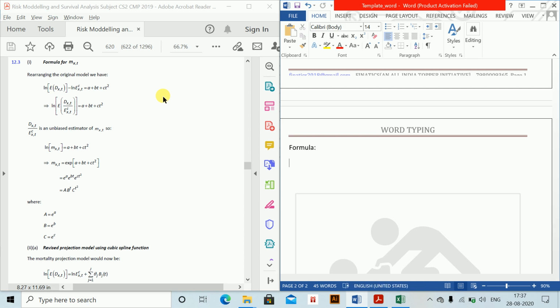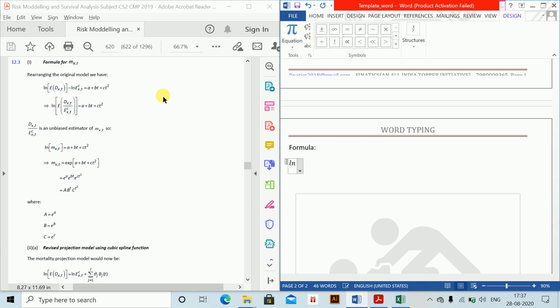Rearranging the original model, I'll do this because it contains mathematical typing which will help you. ln of E d(x,t) equals minus ln e to the power c(x,t), plus a plus bt plus ct squared.